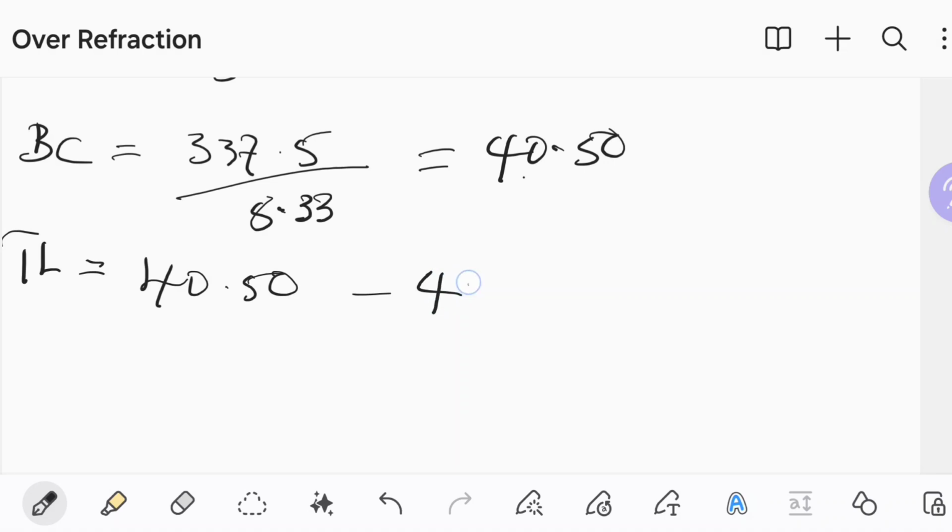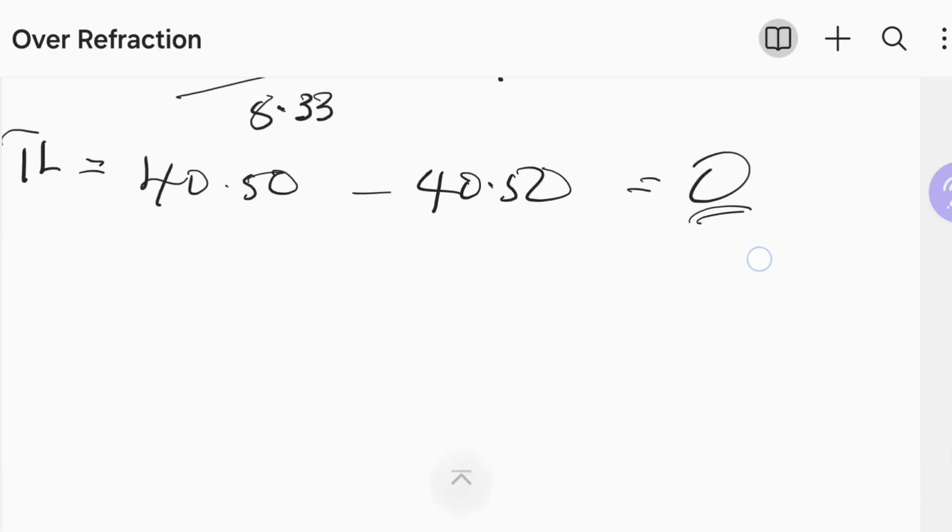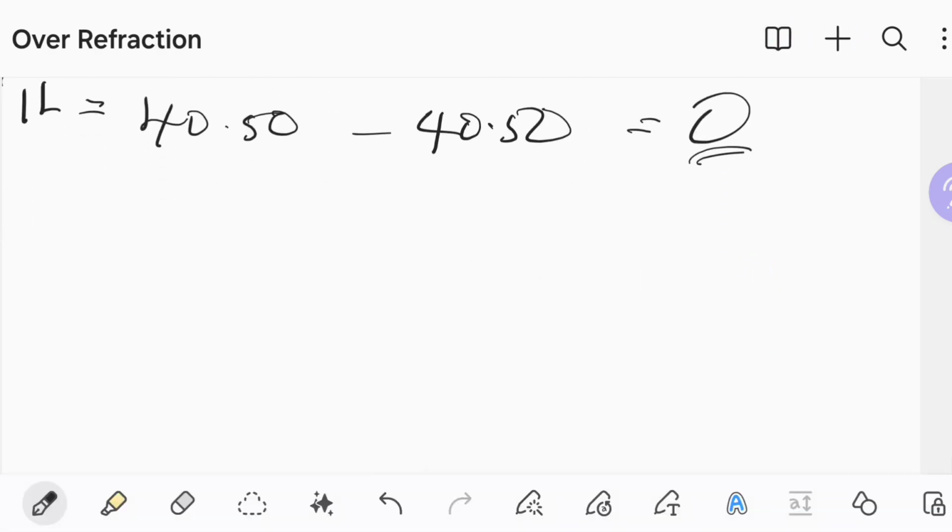So our tear lens here is equal to 0. We don't have anything to worry about with the tear lens because our base curve is well aligned to the flattest meridian.